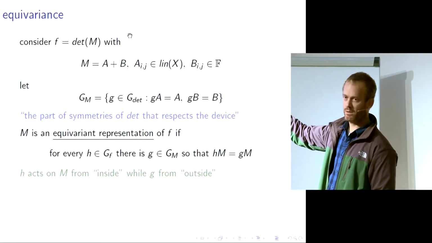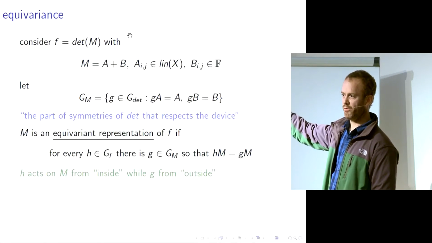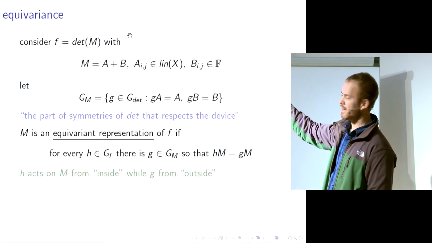If for every symmetry H of F, there is a symmetry G of M such that H of M is G of M.